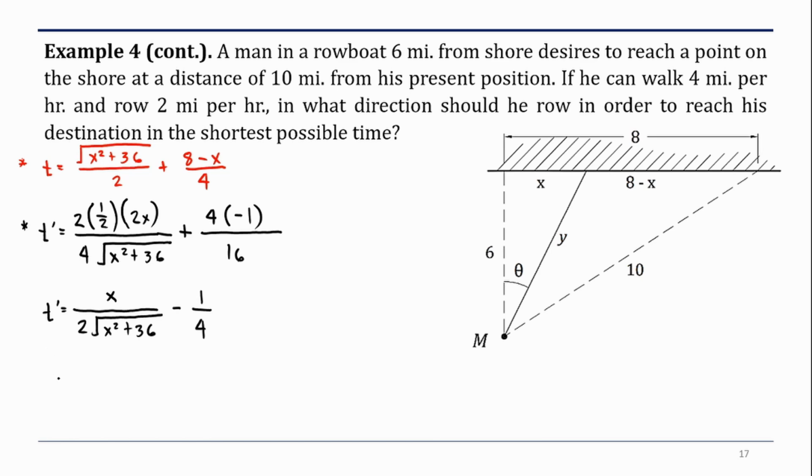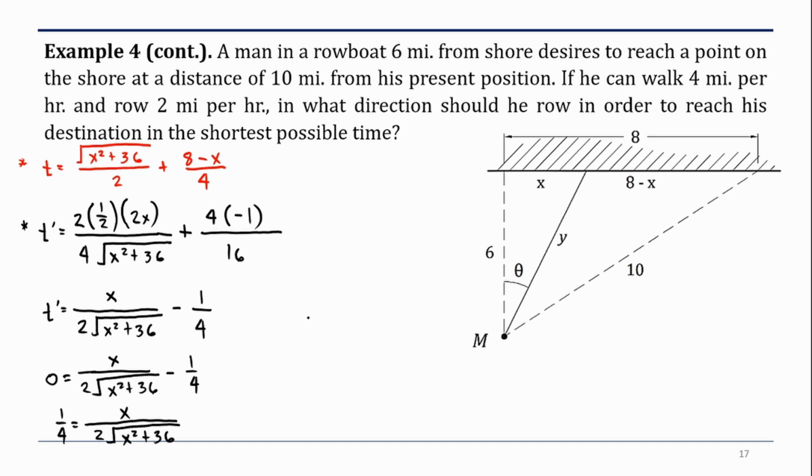So para makuha natin yung critical points, equate natin yung derivative sa 0. So we have 0 is equal to x over 2 square root of x squared plus 36 minus 1/4. Yung 1/4 lilipat sa kabila, we now have 1/4 is equal to x over 2 square root of x squared plus 36.